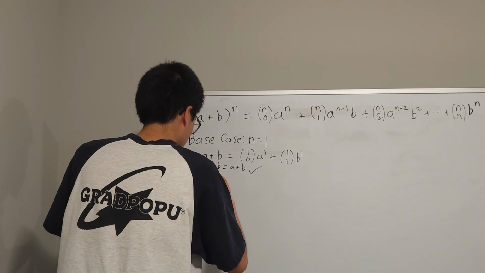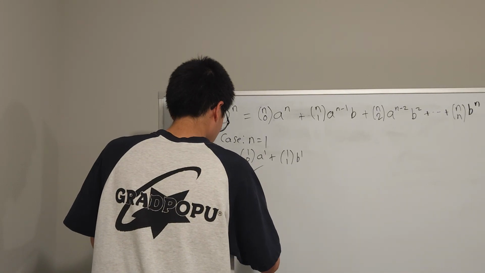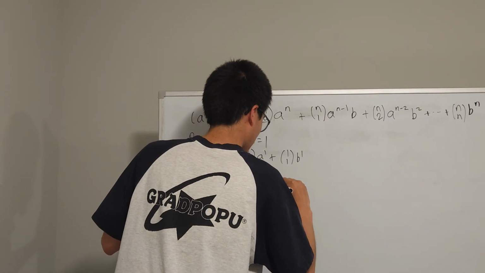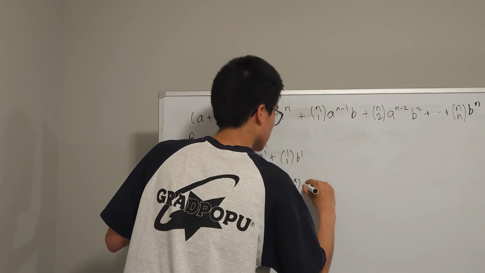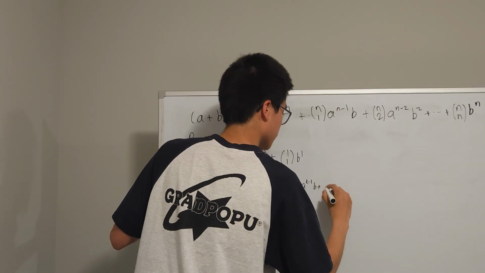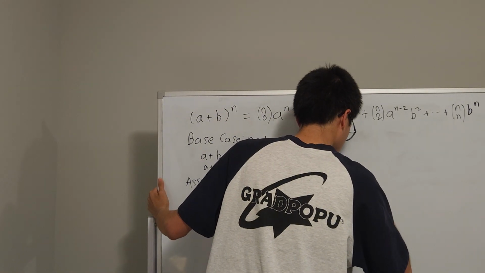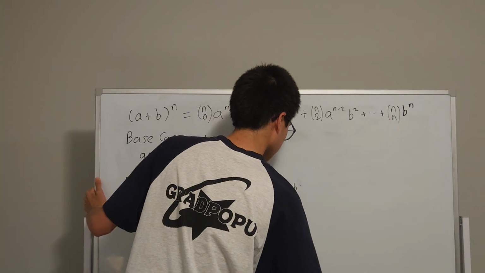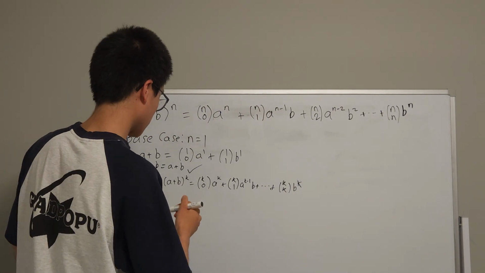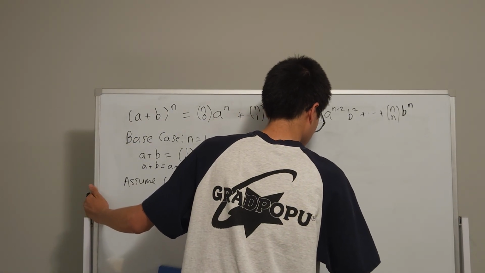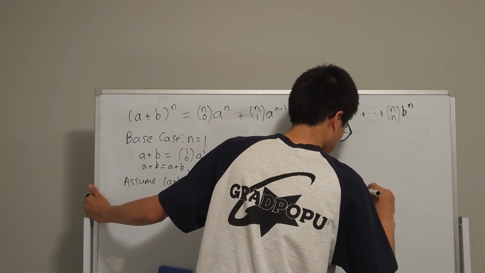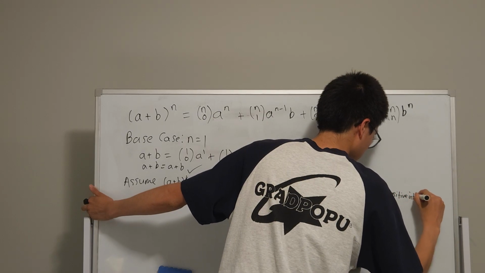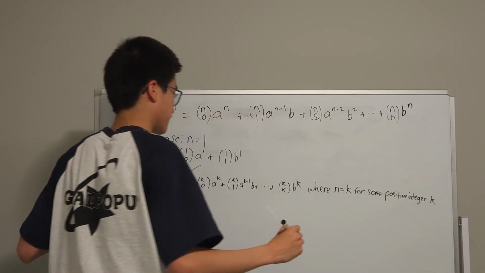So we are going to assume a plus b to the power of k equals what we have here. Okay, so we are assuming this.